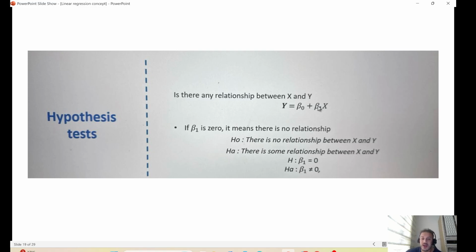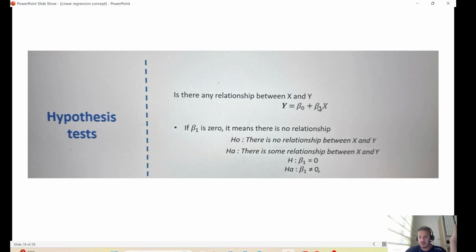So H0 is that there is no relationship between x and y. If there is no relationship, beta 1 is 0, which means your input x has no relationship with y.